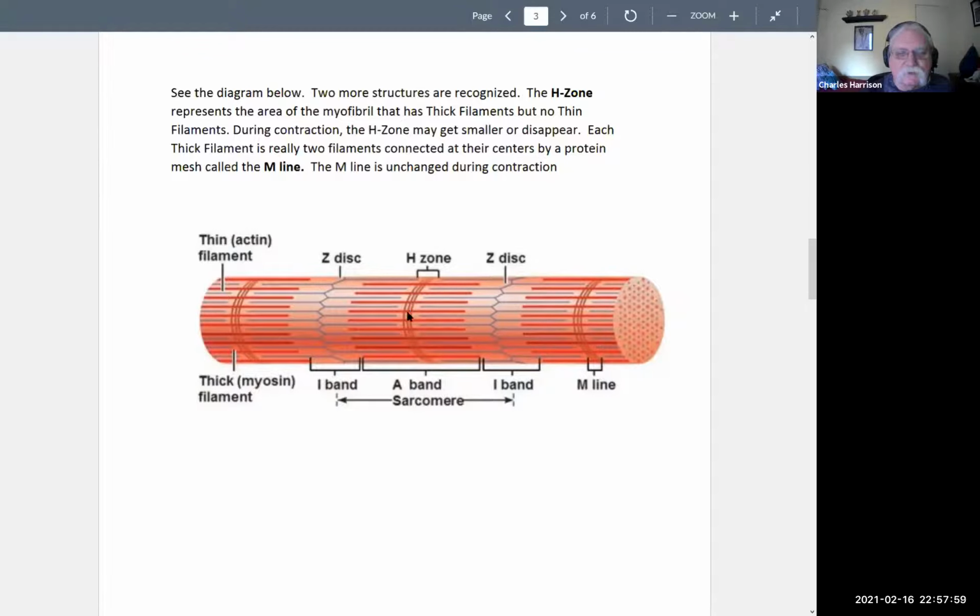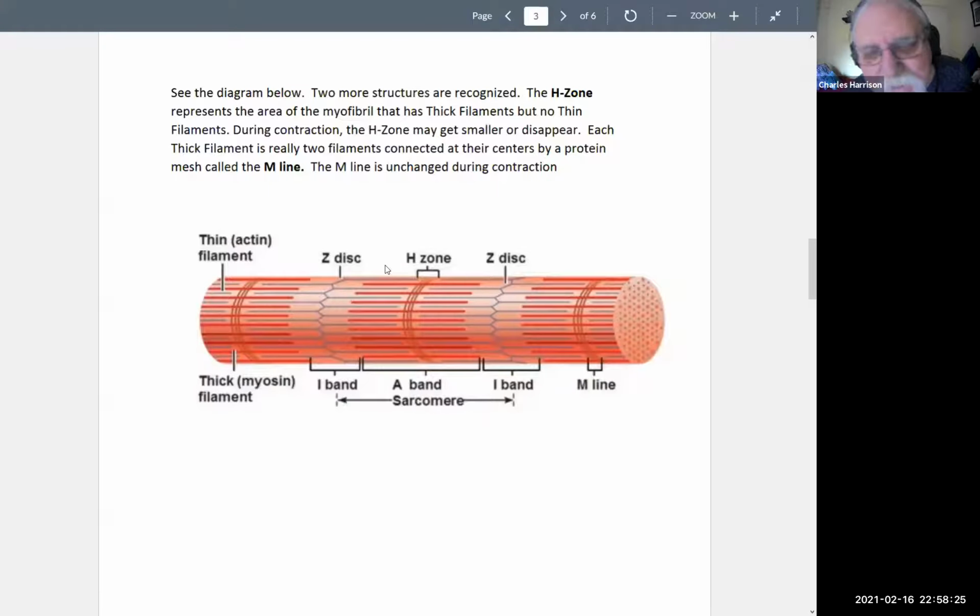Both. Yes, both. There are only three answers here, and that was the correct one. Thank you. You would get both. The A band consists of thick and thin filaments all the time.